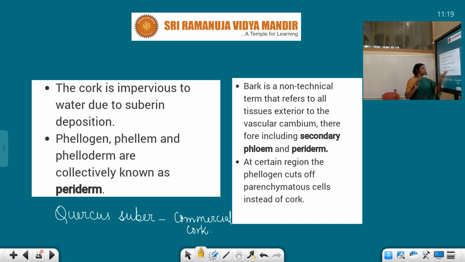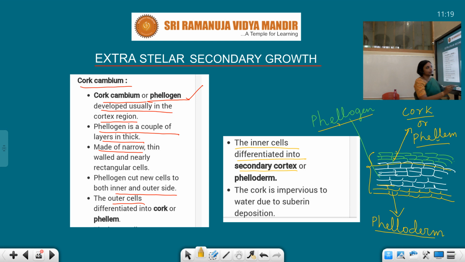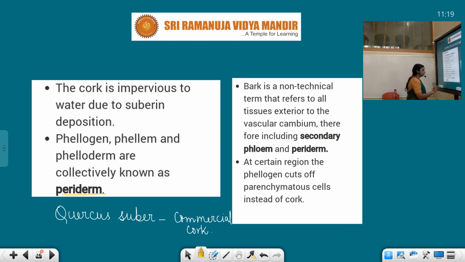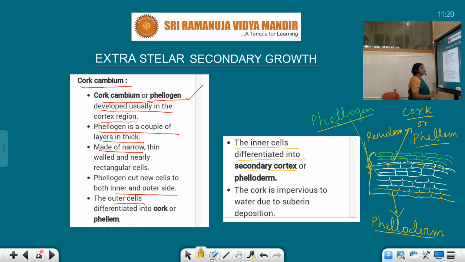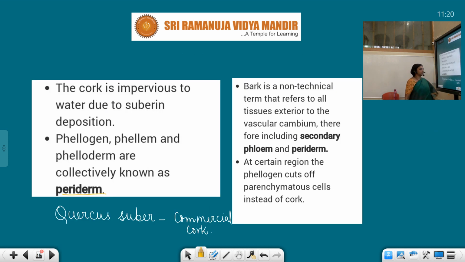Collectively these three are known as periderm. So periderm is phellum, phellogen and phelloderm. These three form the periderm structure.